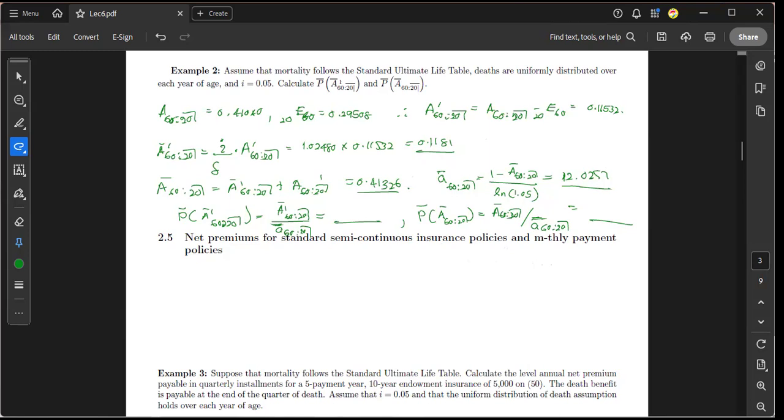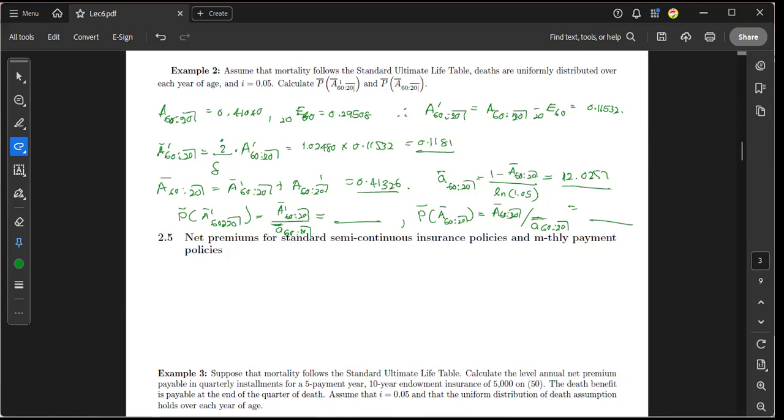So now we will see it's kind of easy to digest if you know the correct form of the benefit present value and the premium present value, which is the annuity due or continuous annuity, and the continuous or discrete benefit payment. Then you can move to the net premiums for standard semi-continuous insurance policies and monthly payment policies.